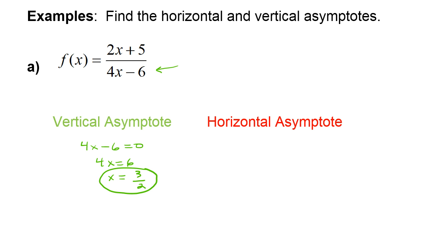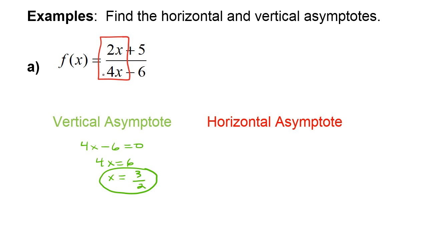Now for horizontal asymptotes, we're going to take a look at the lead term in the numerator and the denominator. Because when x gets monstrously large, this plus 5 and minus 6 are going to be pretty inconsequential.